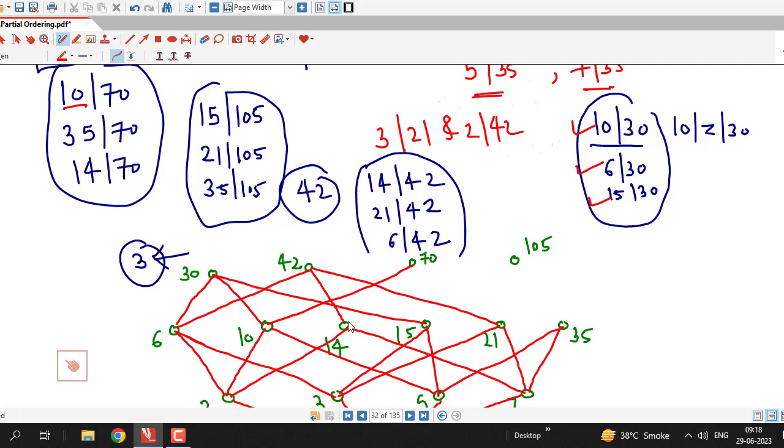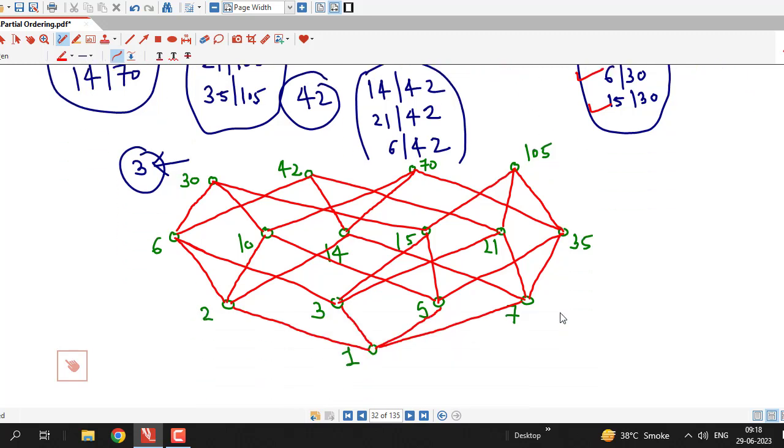Then 14 is also to be joined to 70 and 35. So I have to join 35 and 70. 105 covers 15, 21 and 35. So let me join them by this.